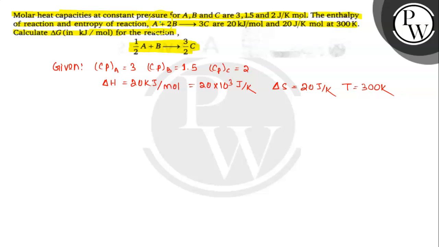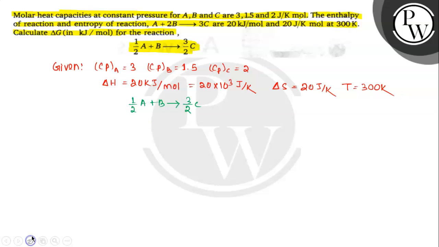Now the reaction is the same as before, because the actual reaction is A + 2B gives rise to 3C, and if we divide the main reaction by 2, then the reaction will be 1/2 A plus B gives rise to 3/2 C. This is not going to change the answer because there is no role of it in the del G formula.